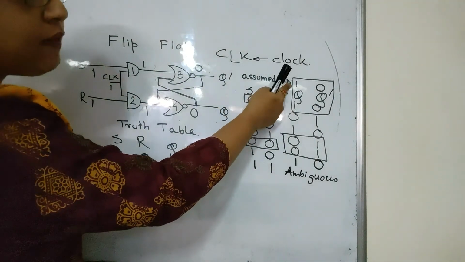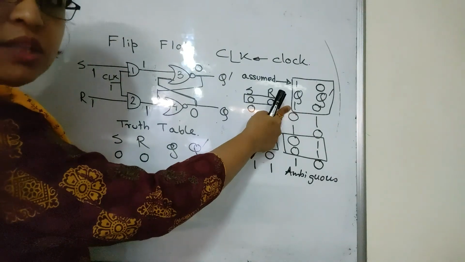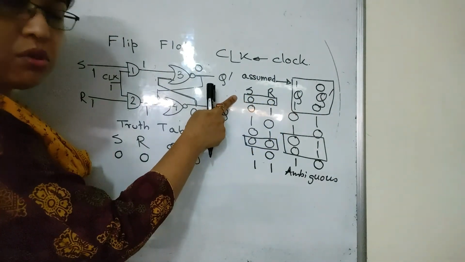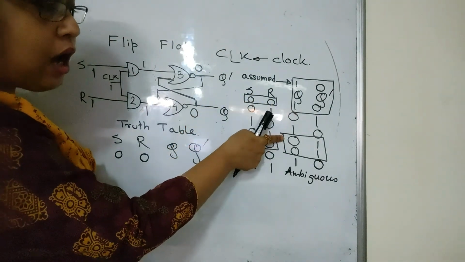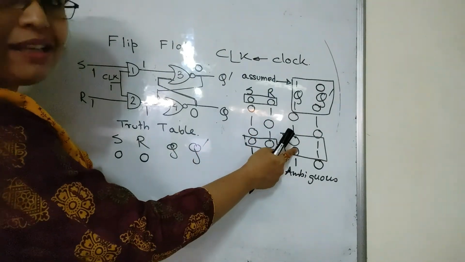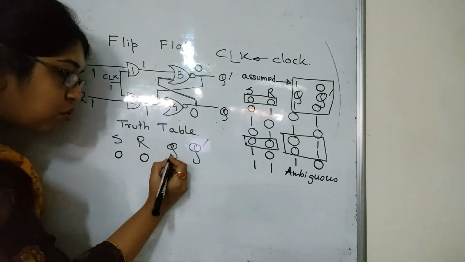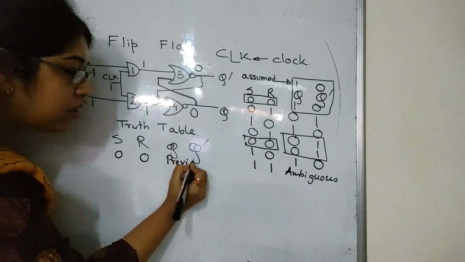Over here, the previous output was 1 and 0 that we had assumed, and we got back 1, 0 after giving an input of 0, 0. Over here, the output was 0, 1, and on giving 0, 0, we got back 0, 1. So whenever we are giving 0, 0 as input, we are getting the previous output.